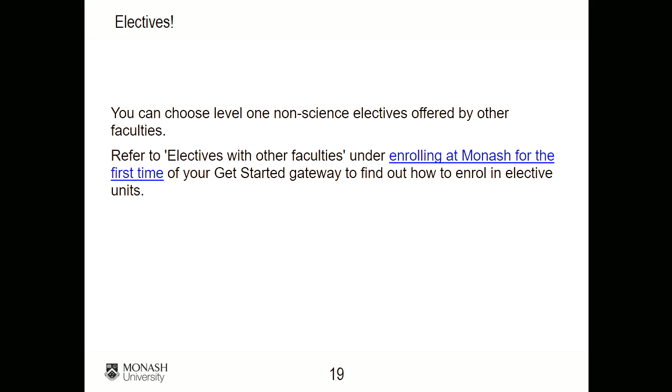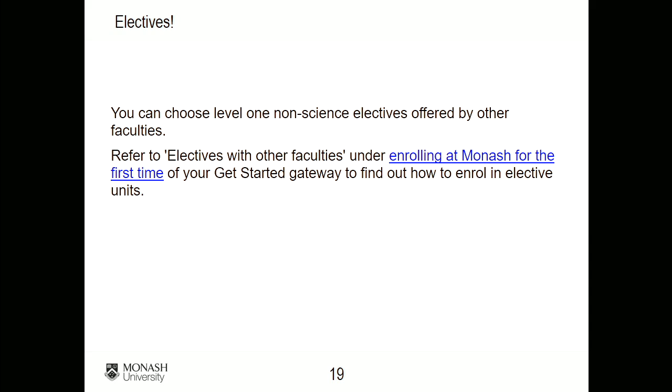In the Faculty of Business and Economics, you can enrol if you meet the prerequisites. The prerequisites will be listed in the handbook, and some of them also have co-requisites. Co-requisites means that you need to complete 2 units together at the same time. Some of the units in business and economics require maths prerequisites, for example VCE methods or specialist maths, particularly for accounting, banking and finance, economics and econometrics units as well.